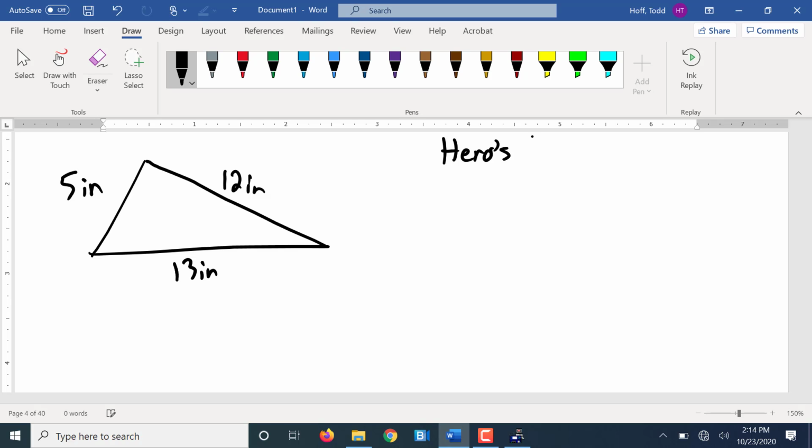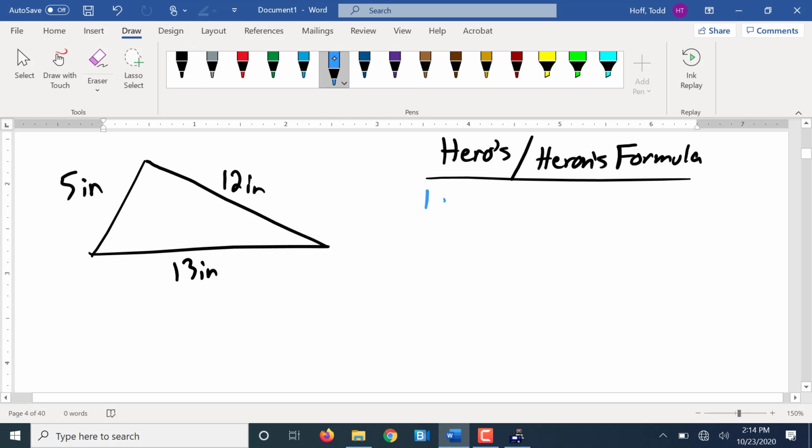Some books call it Hero's formula, others call it Heron's formula. There's a Greek mathematician named Heron. For some reason, some books shorten it to Hero's formula. But what Heron invented was a way to find the area of a triangle without having any right angles, by just knowing the 3 sides.